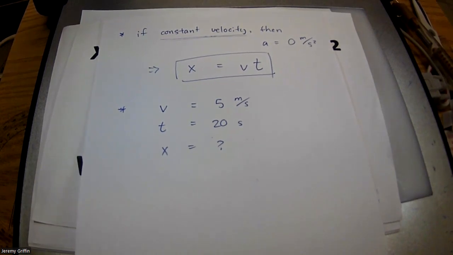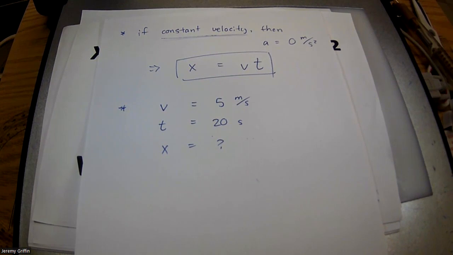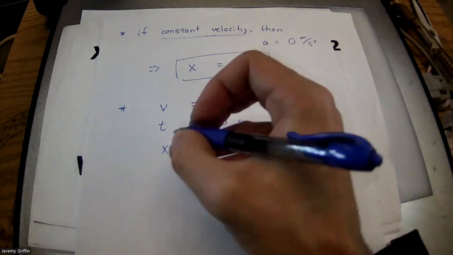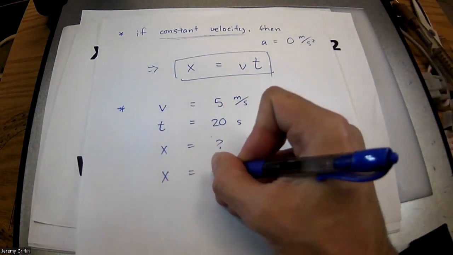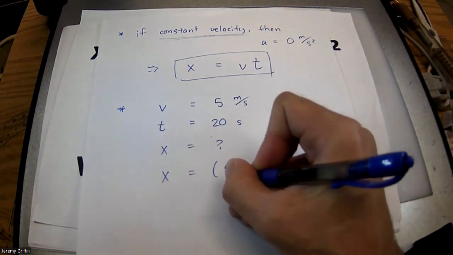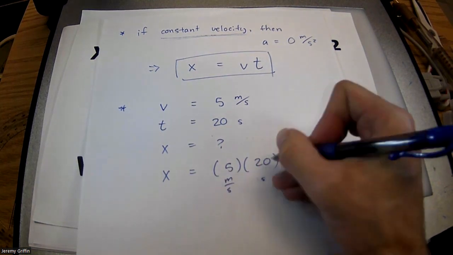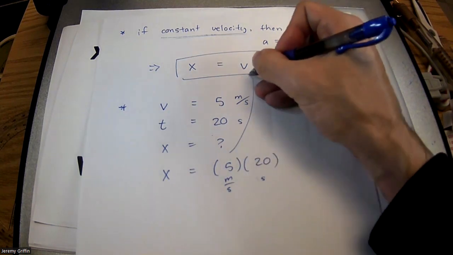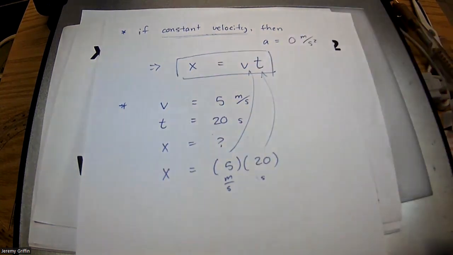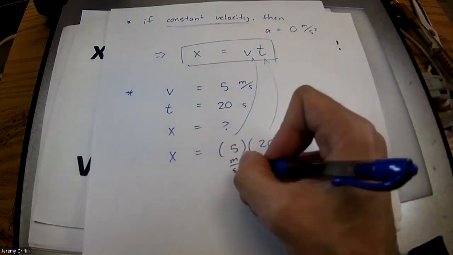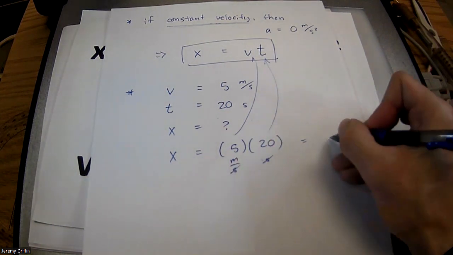And what's the answer to that? 100 meters? Okay. Try it. X equals v, 5 meters per second, times t, 20 seconds. That feeds in just like that. Seconds cancel. Yeah, that's 100 meters.